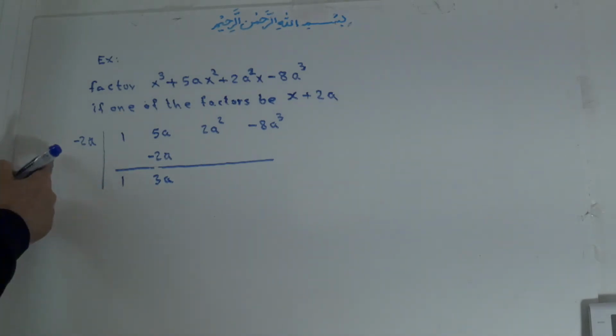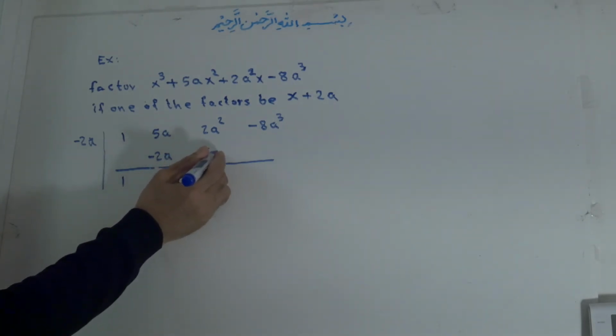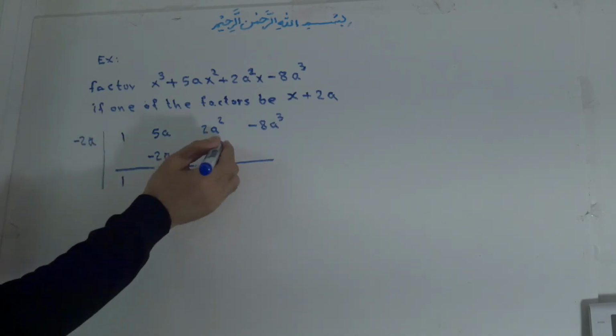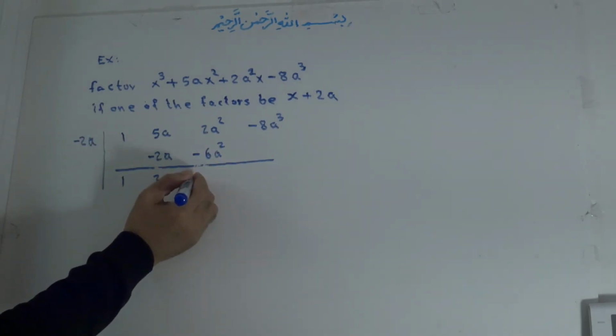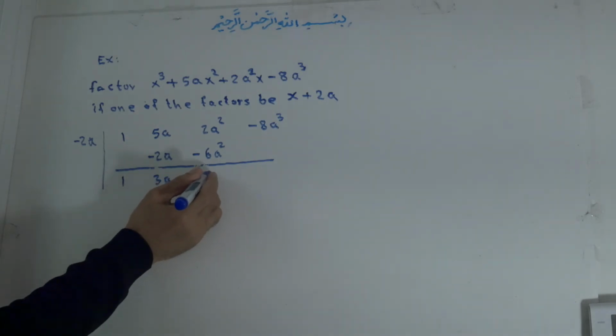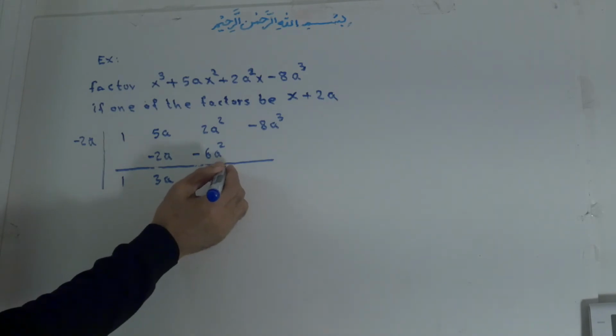Now positive 3a times negative 2a: positive times negative is negative, 2 times 3 is 6, a to the power of 1 and 1 makes 2. So we have minus 6a to the power of 2; adding to positive 2a to the power of 2 gives minus 4a to the power of 2.